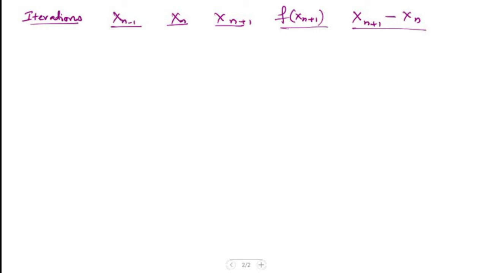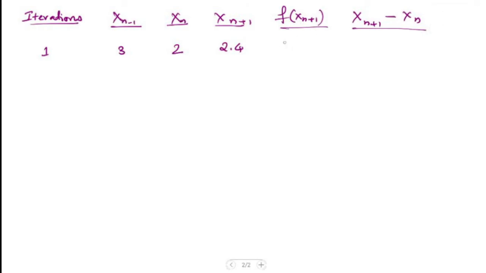We are just stopping at finding x3, but we'll still write it down. So iteration 1: for xn minus 1, which is our x0, the value was 3 from the question, then x1 is 2, and we just found x2, which is 2.4.